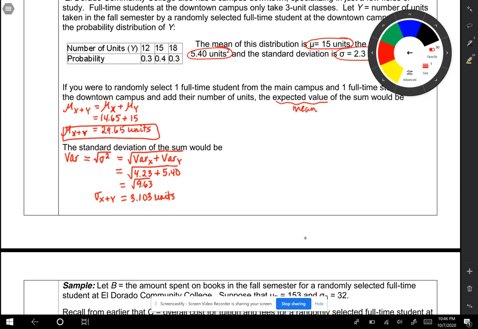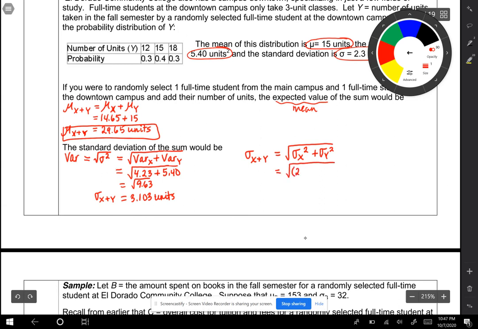Or you can do it this way. The standard deviation of x plus y. Notice you can't just add the standard deviation of x, but you can go back to what looked like your Pythagorean theorem. So that's the square root of the standard deviation of x squared plus the standard deviation of y squared. So it's the same thing.